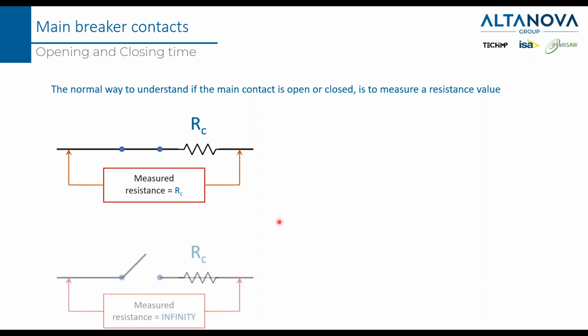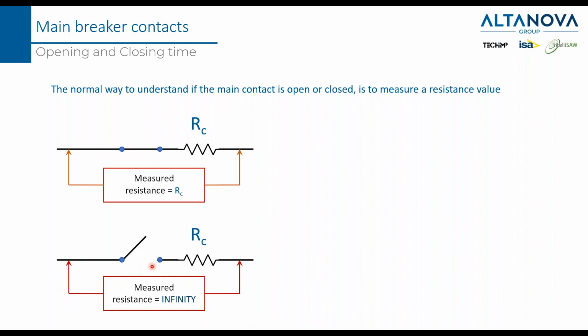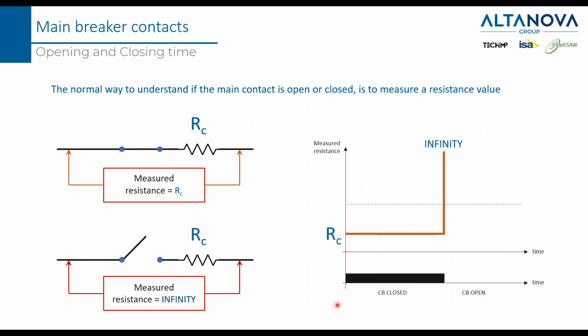And when the main contact opens, you find an open circuit, which means the equivalent resistance is equal to infinity. So we need a device that is able to measure resistance and discriminate a short circuit from an open circuit.